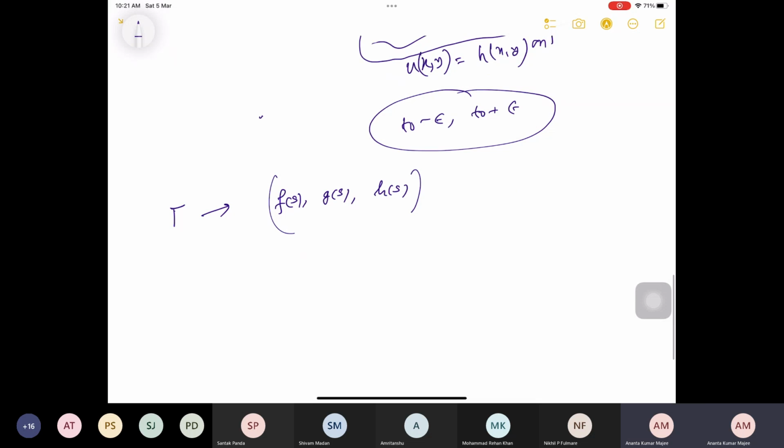Okay, so now for each S, I want to construct an integral surface which is parameterized by S and T. That means I want to find something like X of S, T, Y of S, T, where now S is fixed. No, this is the initial parameter.